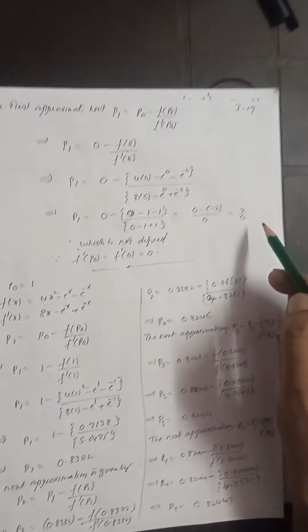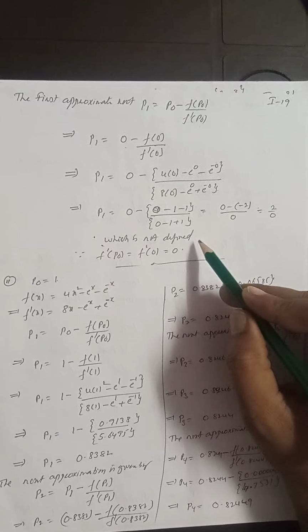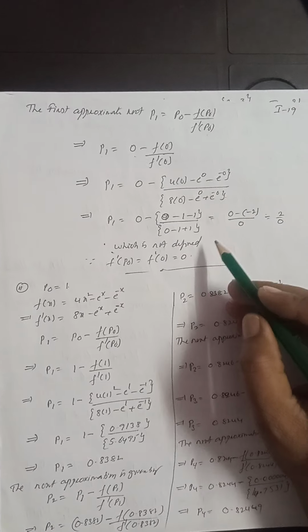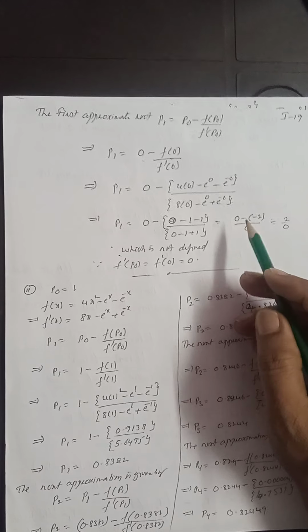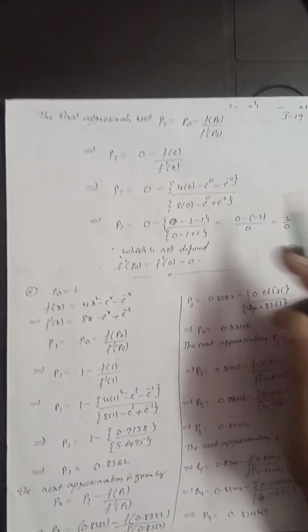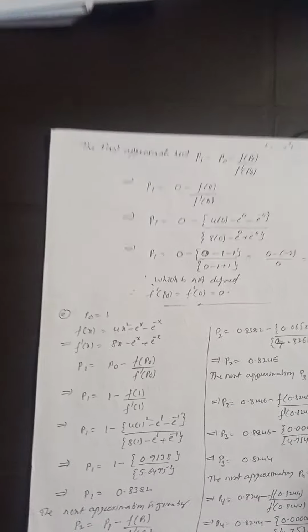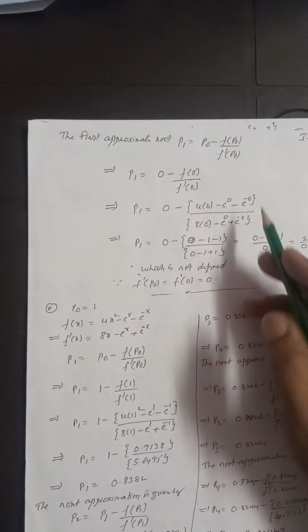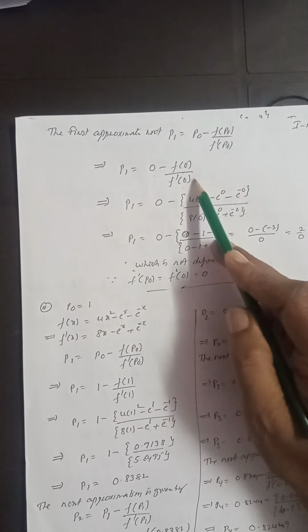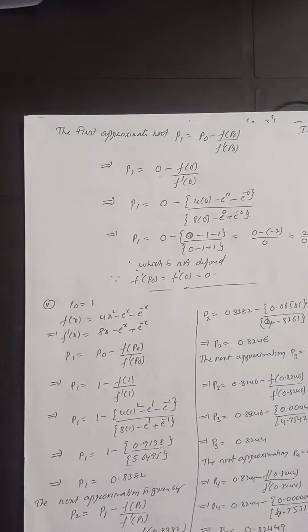In the denominator I am getting 0. 2 by 0 is not defined. Therefore, if you take the initial approximate root as 0, we cannot find a better approximation. Therefore, the initial approximate root cannot be 0, since the denominator is equal to 0, f dash of 0 is equal to 0.